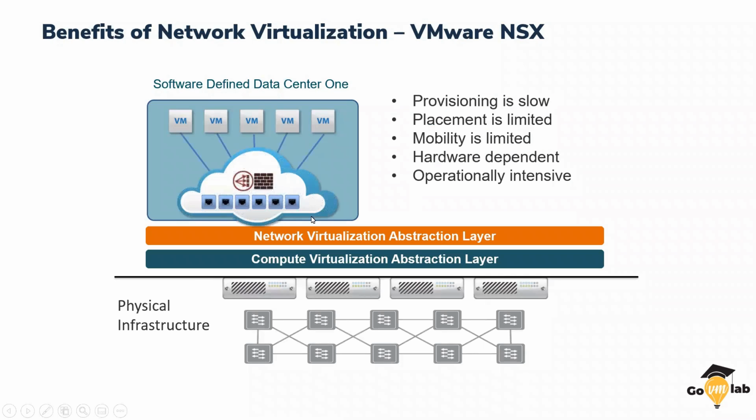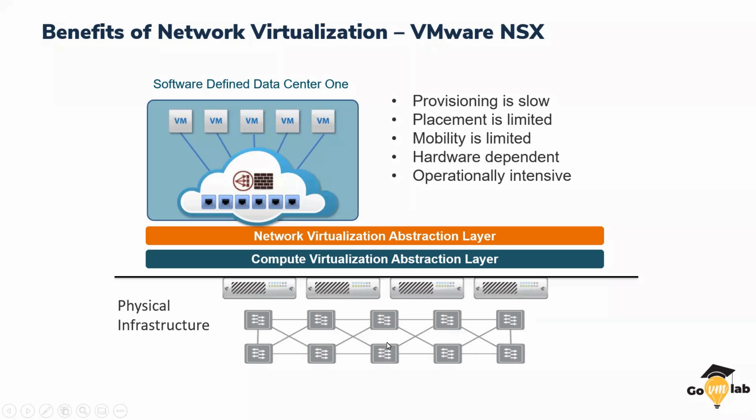So now, as you can see, we have virtual machines, and this is our physical network. We configure our physical network once. I'm reiterating that NSX does not mean we are ruling out the physical infrastructure. We still need a physical infrastructure, but we configure it once. We are not reconfiguring it again and again. That's what NSX is all about.